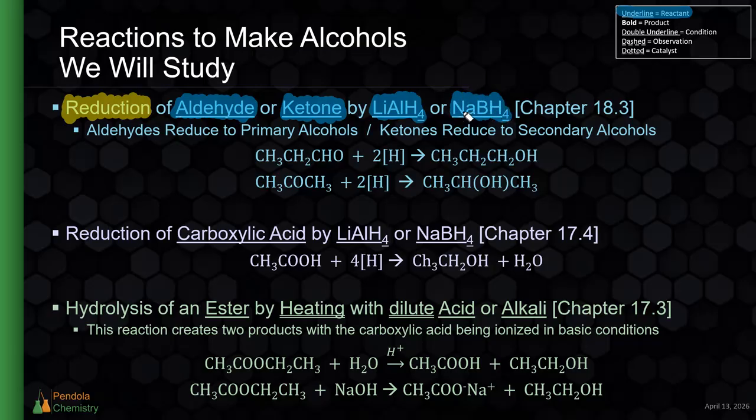So you'll notice that our oxidizing agents have a lot of oxygen in them, as the name implies. Our reducing agents have a lot of hydrogen in them, so NaBH4 or LiAlH4. So when we grab an aldehyde or a ketone and react them with common reducing agents like LiAlH4 and NaBH4, we will produce an alcohol depending on what we're reducing.